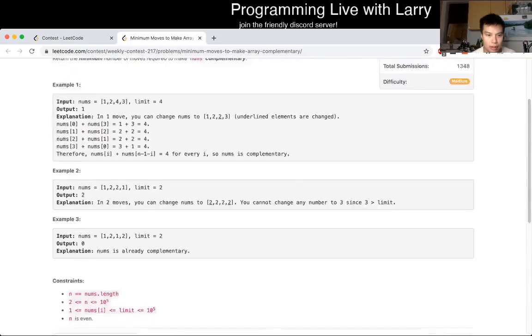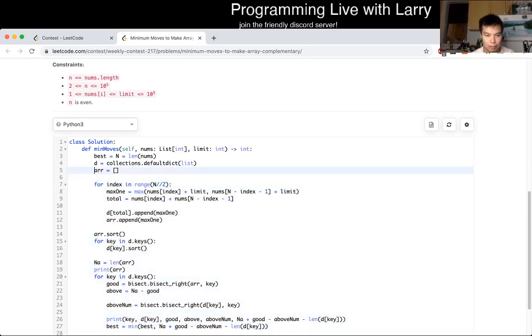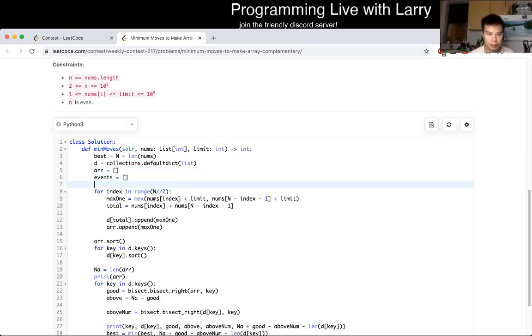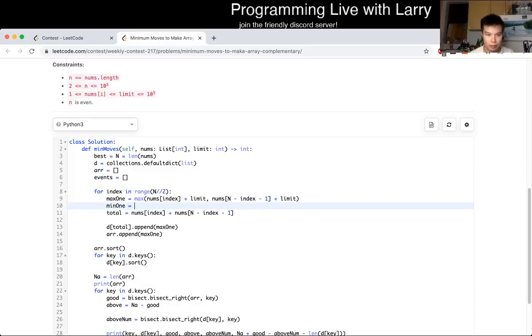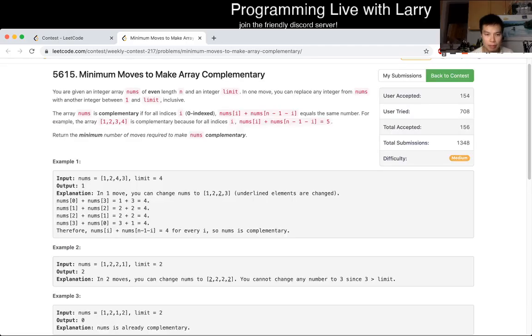Here's a hard contest, but what is the min is? Of 1.